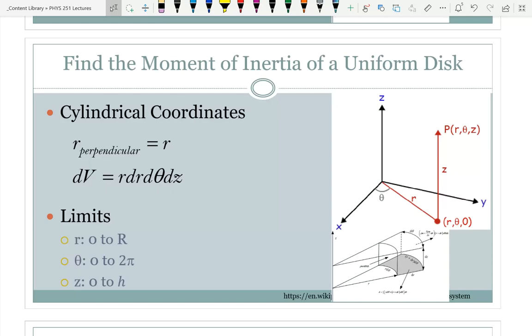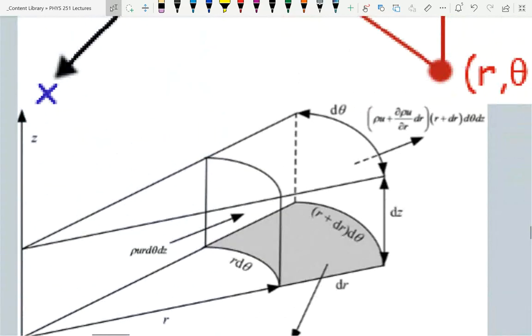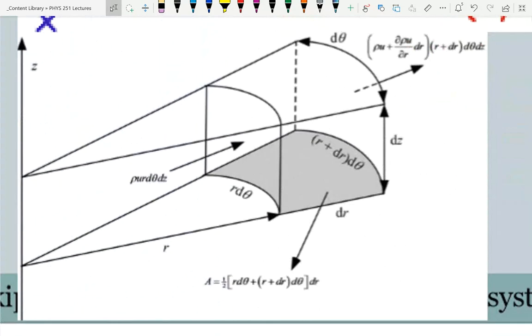Now, how we get that is, and I know the picture looks fine until you zoom in, then everything gets a little fuzzy. But we have a little wedge of volume. So this thing here, if you take the volume of this, that's dV.